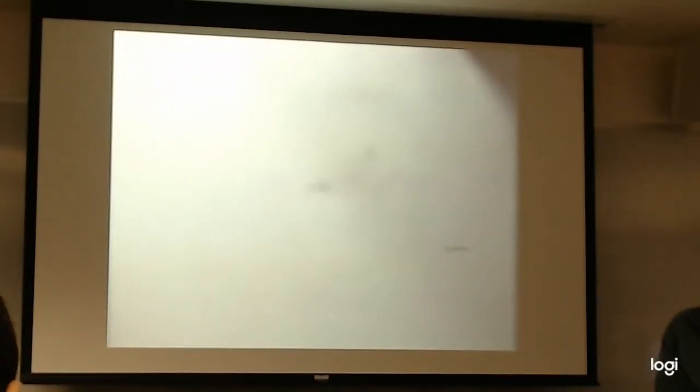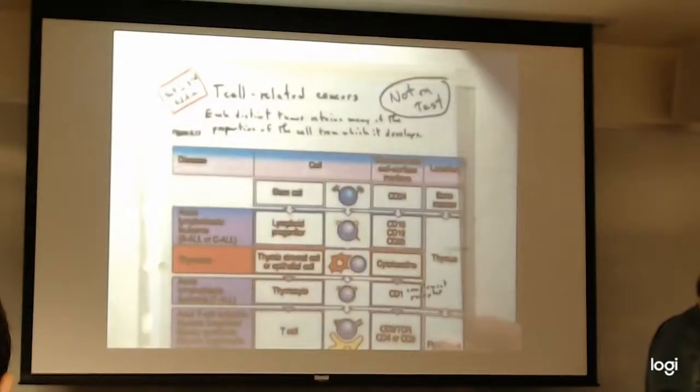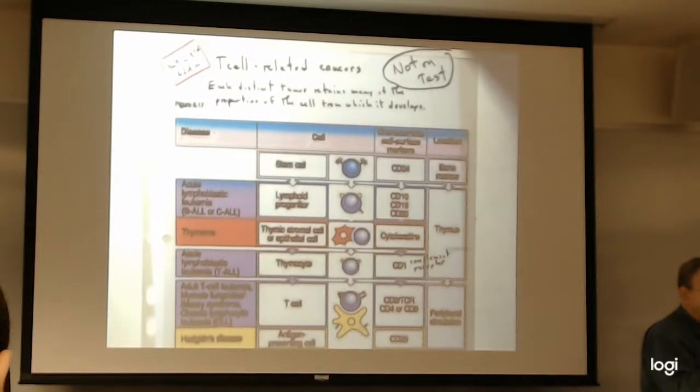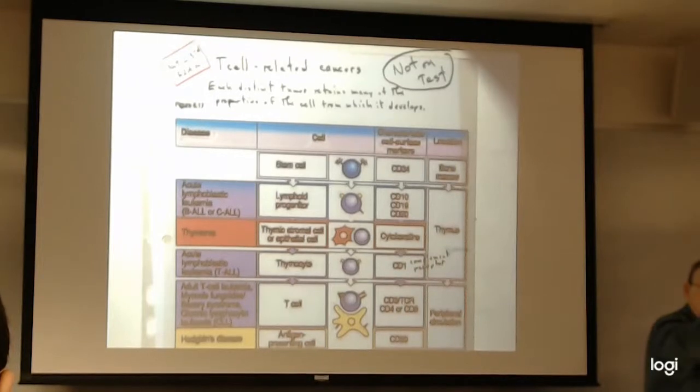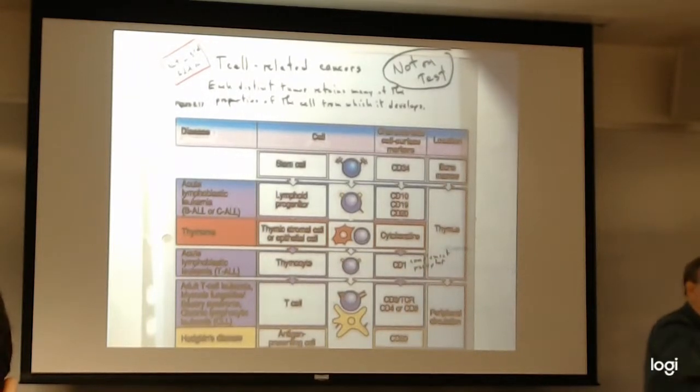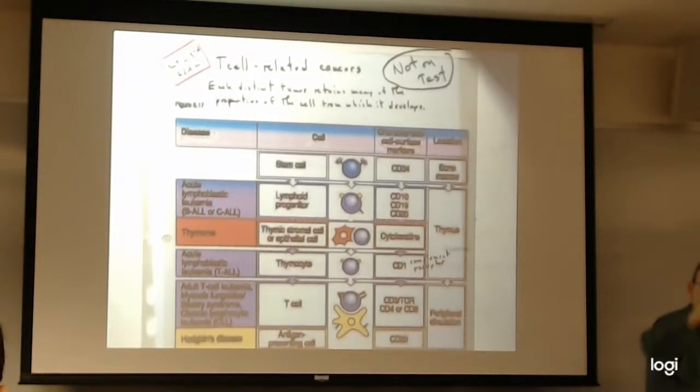Your book now includes, remember when we talked about the details of B cell differentiation? We said different kinds of leukemias come from different kinds of mutations in B cells at different stages in the process of development.